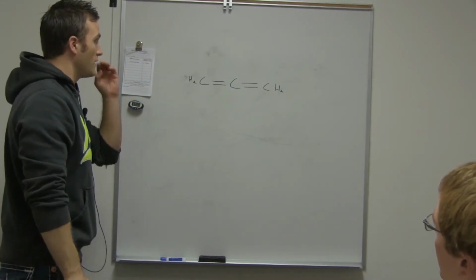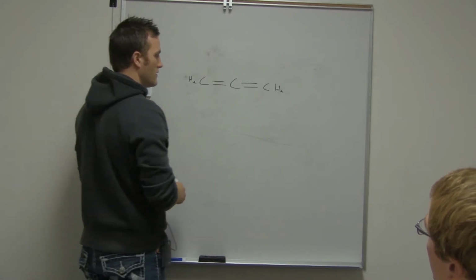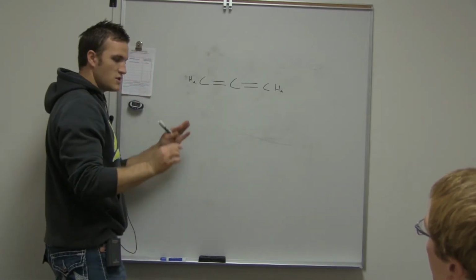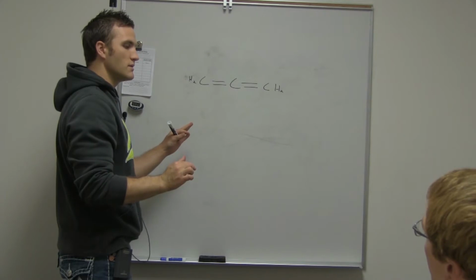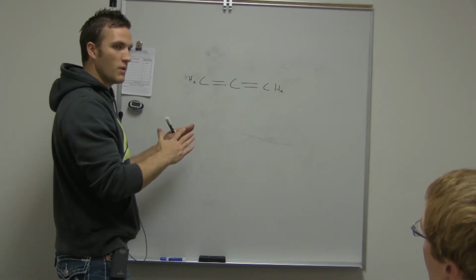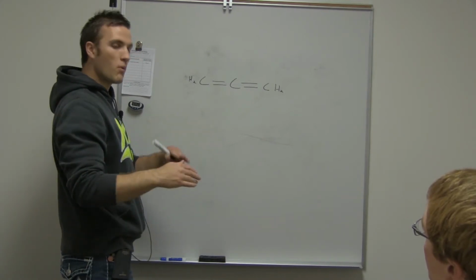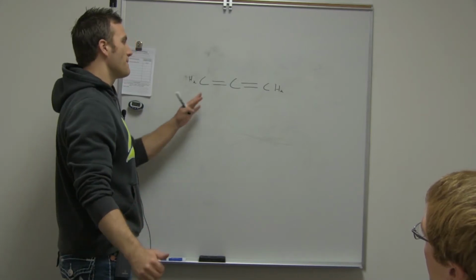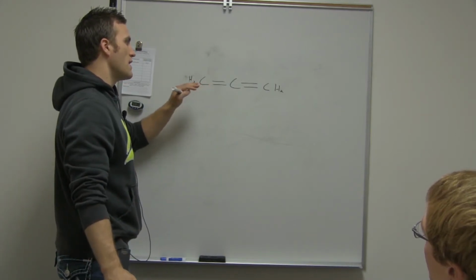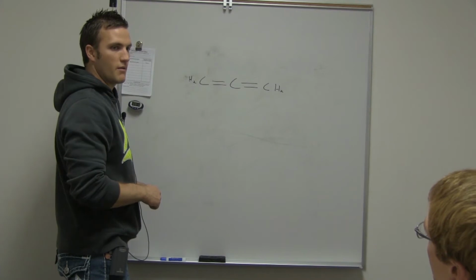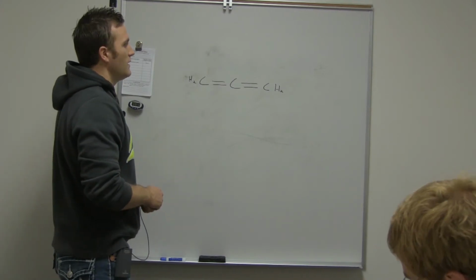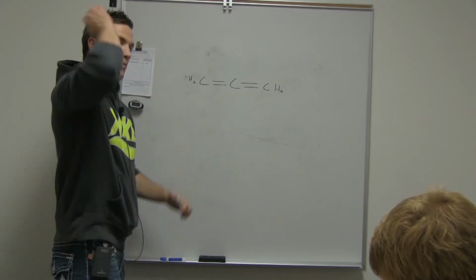Good. So instead of the conjugated, where the two pi bonds were separated by one single bond, or isolated, where they were separated by more than one single bond, cumulated, they're right on top of each other. They're back-to-back pi bonds. Do you think this would be more or less stable?